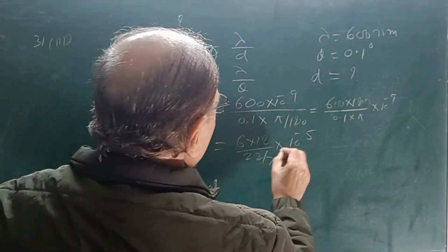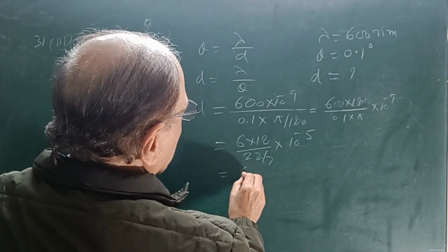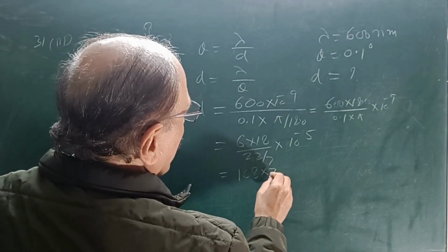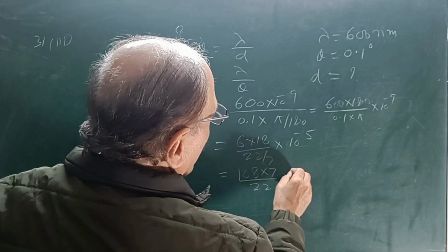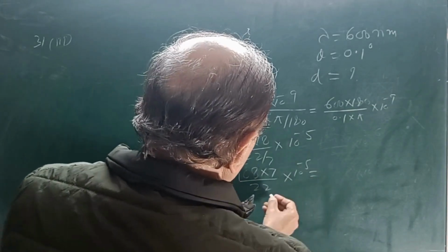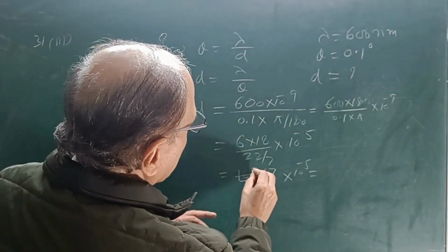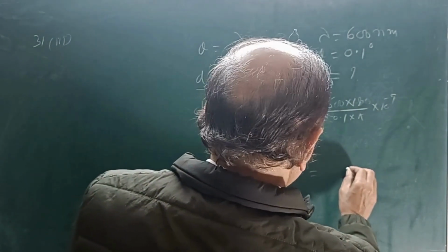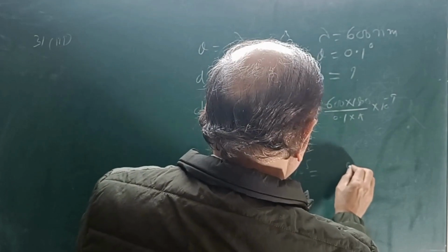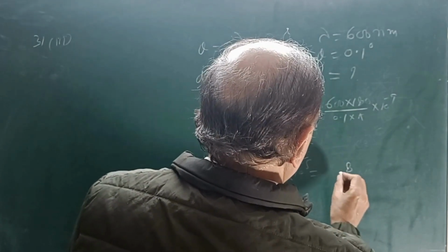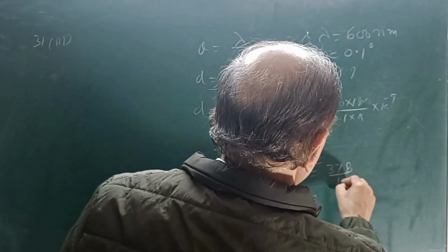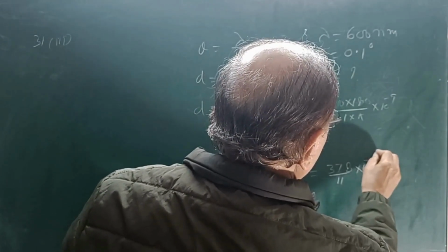So here you can have 6108 into 7 divided by 22 into 10 to the power minus 5. So this 22 is 11 and this is 54. 54 into 7 is 378, divided by 11 into 10 to the power minus 5.